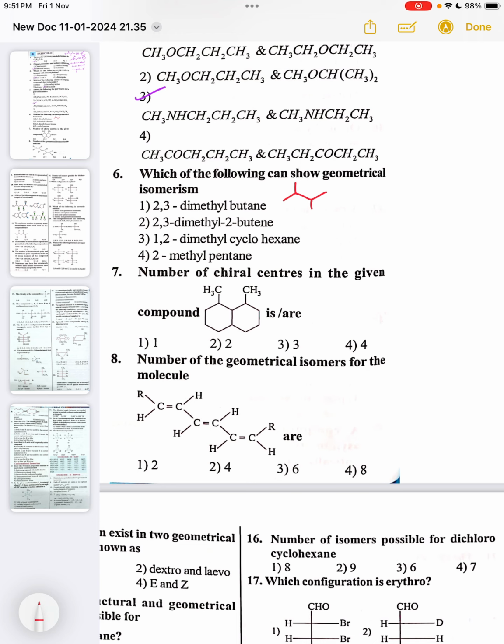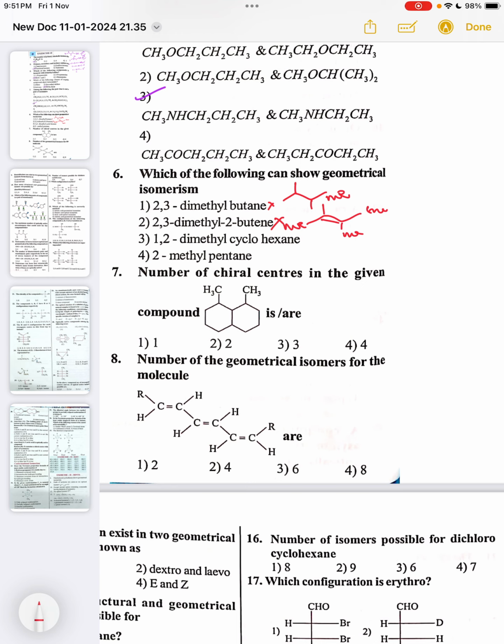Here there is no double bond, so it cannot show. Next, 2,3-dimethyl-2-butene. Here the methyl groups, the identical groups, are on the same carbon, and identical groups on the same carbon cannot show geometrical isomerism.